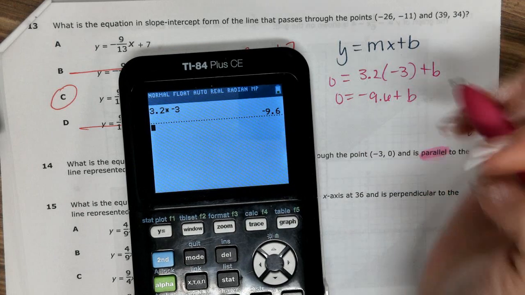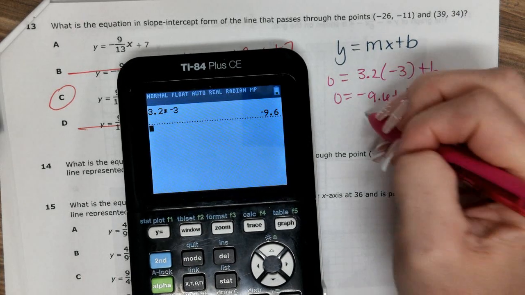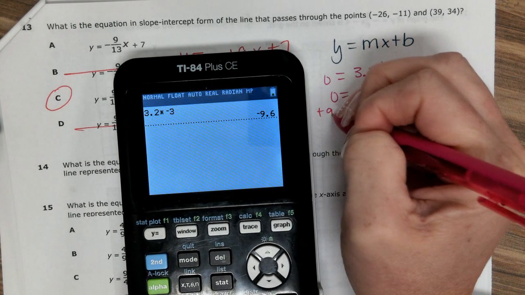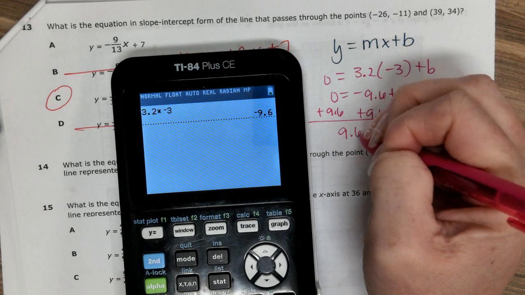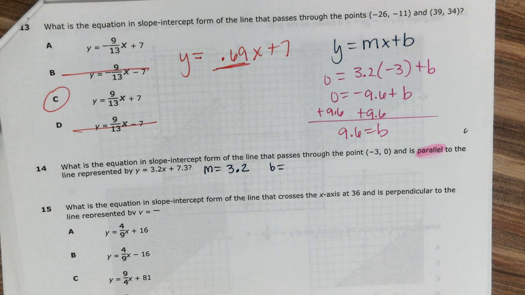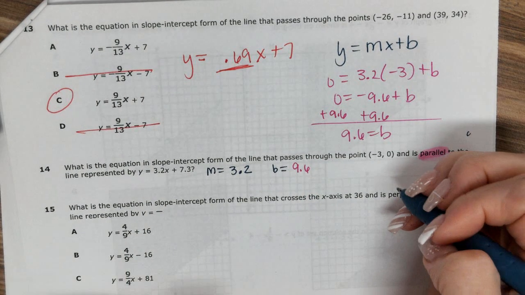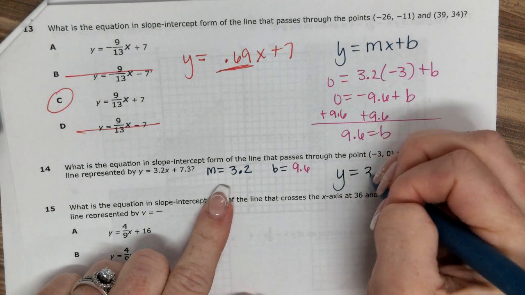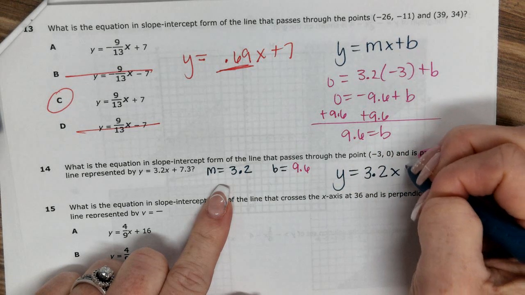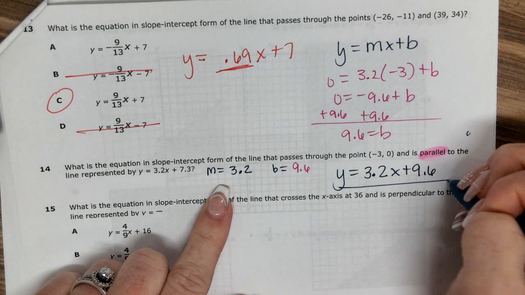And then to get rid of it, I'm going to add 9.6, yes? So what is my b? 9.6. So my equation would be y equals 3.2x plus 9.6.